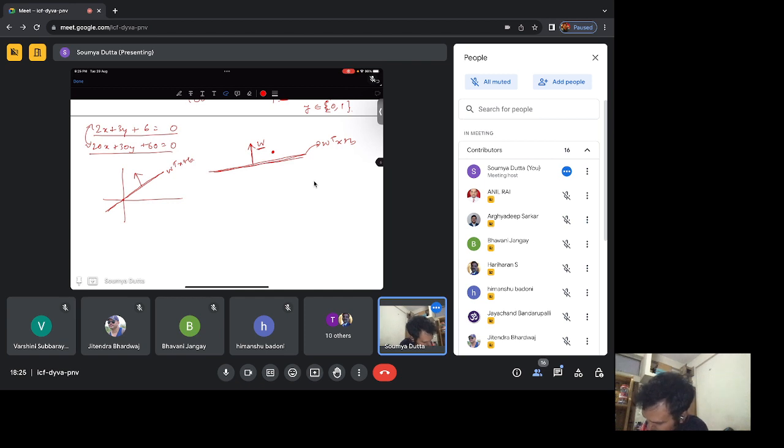Suppose this is one point x1 and this is another x2. Depending on the angle between W and x1, if this angle is acute, then your distance will be considered as positive. If it is greater than 90 degrees, then it will be considered as negative.